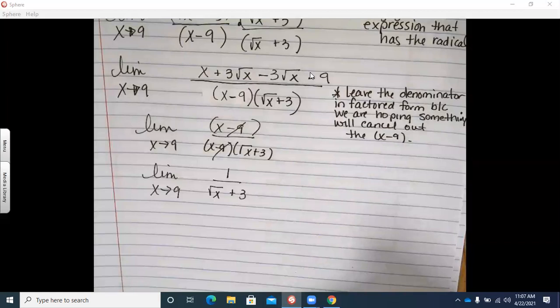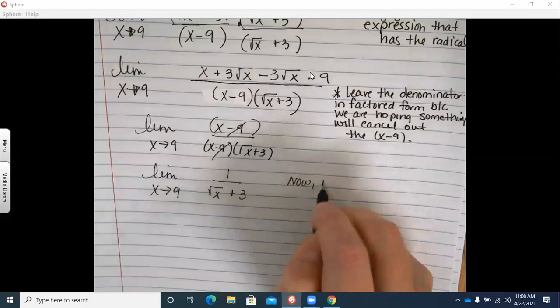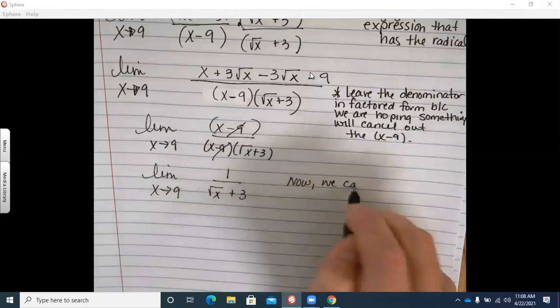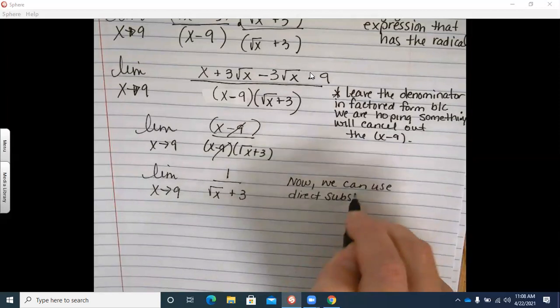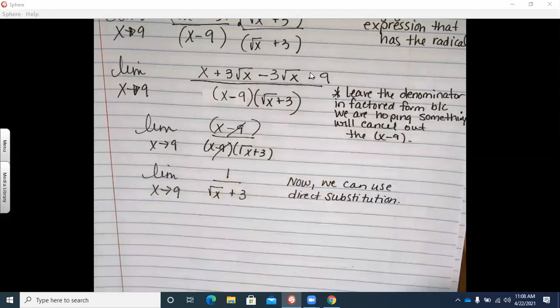Now, what do you think we can do? Can we use direct substitution now? Yes, because we won't get a 0 in the denominator if we substitute in a 9 for x. So now we can use direct substitution. Once you put in the direct substitution, you don't keep rewriting the limit as x approaches 9.